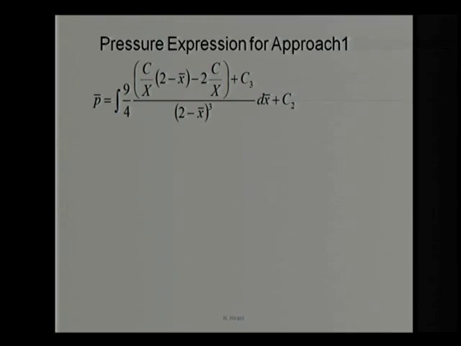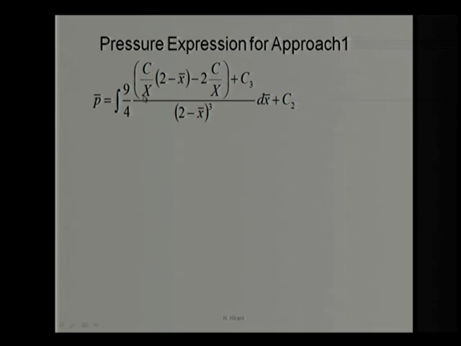After rearranging this and taking common, instead of writing C1, we are now writing C3, which is being multiplied by 3 by 2, and we took a common term. In addition, there is a denominator 2 minus x bar, which is integrable, and we need to convert the numerator into a simple form.